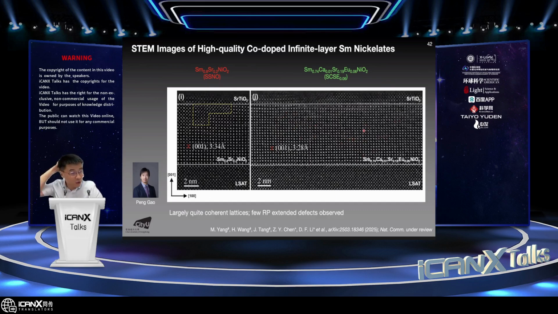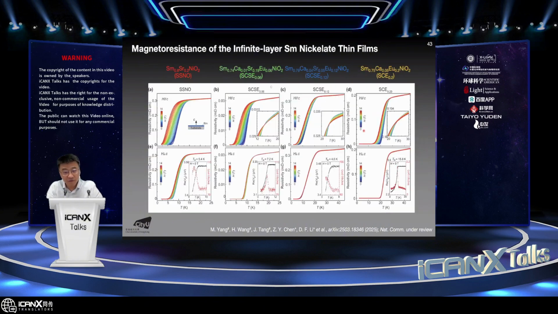With these high quality thin films, we went on to measure the magnetic field response of these superconducting materials. Here, I'm showing you the superconducting transitions after a magnetic field was applied both along the perpendicular and parallel directions for all these samples.